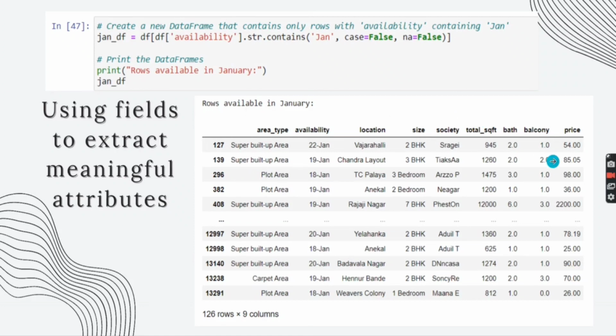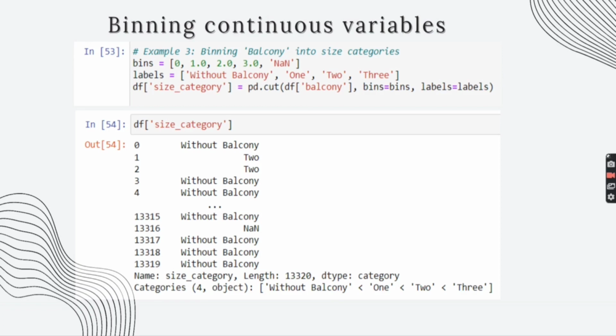After that, let's go into a different topic, binning continuous variables, where we see the binning in the balcony column to categorize size. Here we have different values in our balcony column: 0, 1, 2, none. So I am using it to label as without balcony, 1, 2 and 3. What we get when we use binning as pd.cut, with bins equal to the bins which we already mentioned, and labels we convert with bins.